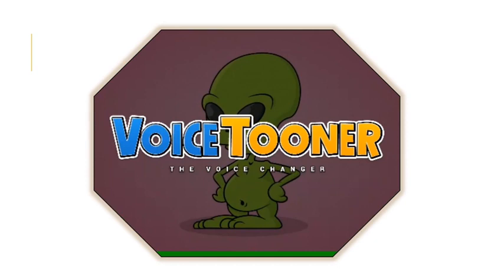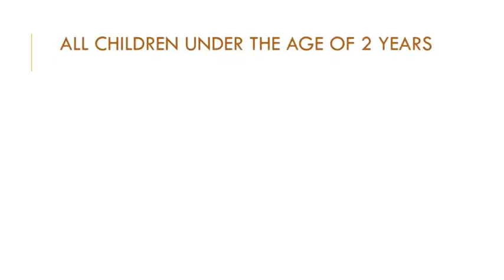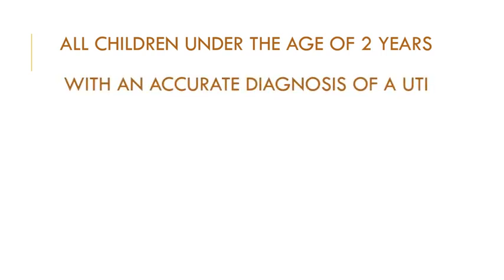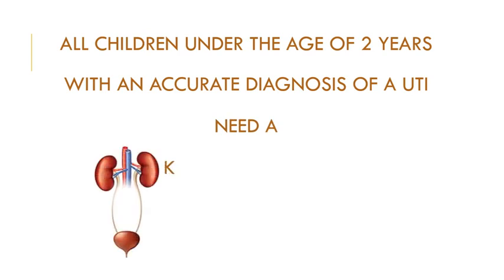All children under the age of 2 years with an accurate diagnosis of a UTI need a KUB ultrasound. So let's go through that again. All children under the age of 2 years with an accurate diagnosis of a UTI will need a KUB: K, kidney, U, ureter, and B, bladder ultrasound.